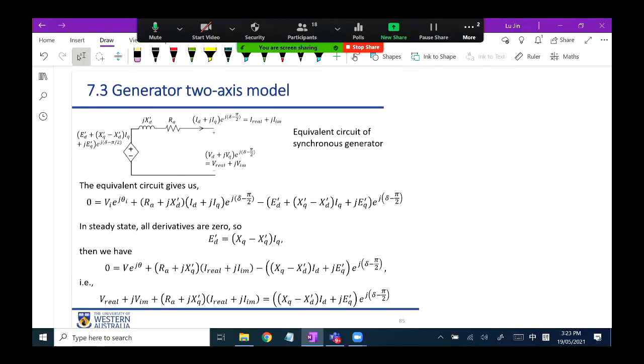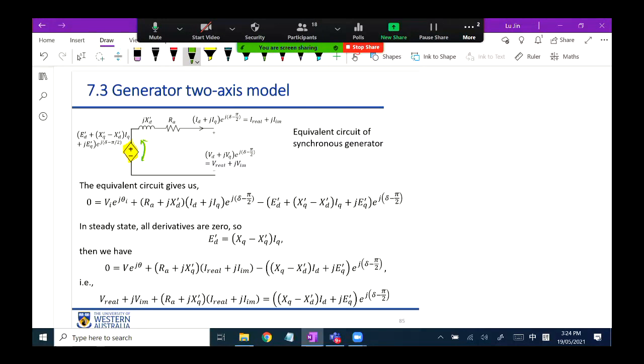Now you see the real part. From this diagram, you can see the structure of your generator. I have mentioned many times, internal voltage, terminal voltage, these are given in this diagram. This is the ideal voltage source, which is used to model the generator. The voltage across this ideal voltage source is the internal voltage.